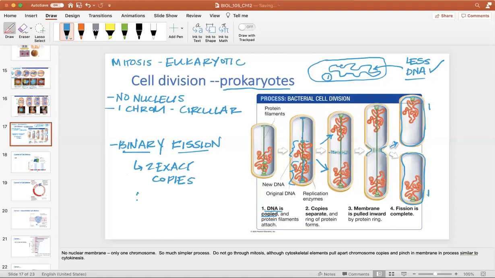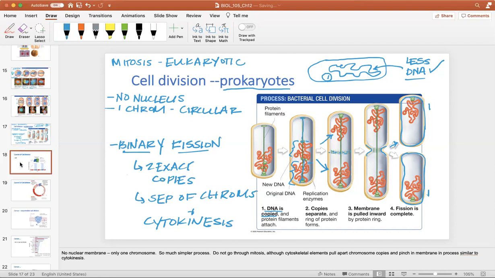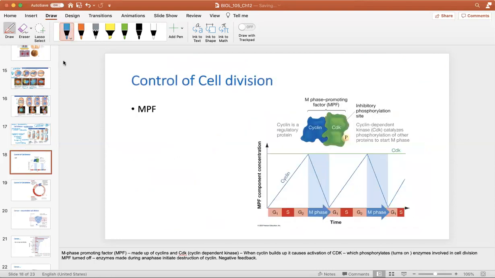We're going to have separation of chromosomes as well as cytokinesis. But you can see that it happens much more quickly. We don't have to get rid of the nucleus or separate out a whole bunch of different chromosomes. Much, much simpler process.